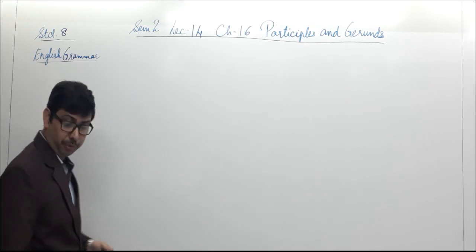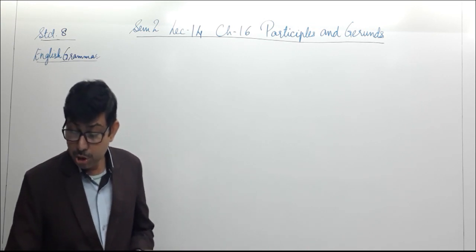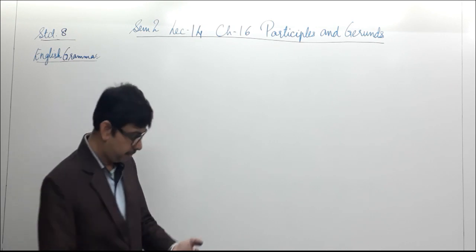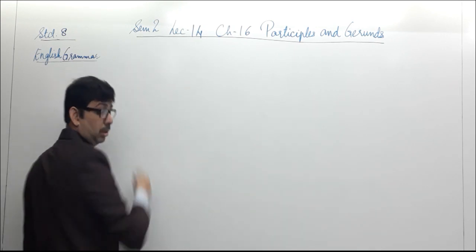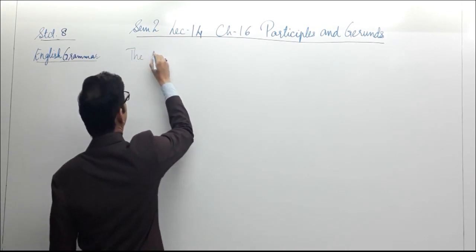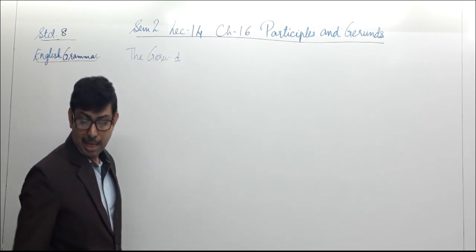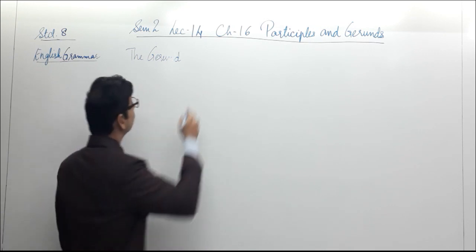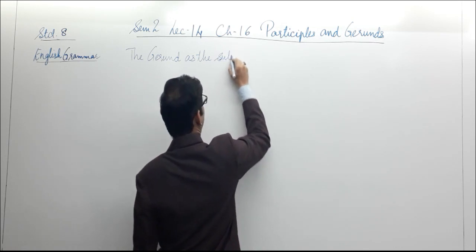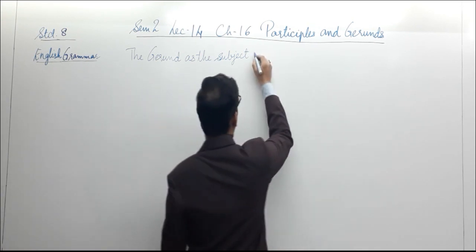To begin, the first one, I'll be putting up 4 to 5 sentences. The gerund plays the role of a subject in a sentence. So let's see with a few examples. The gerund as the subject of the sentence.